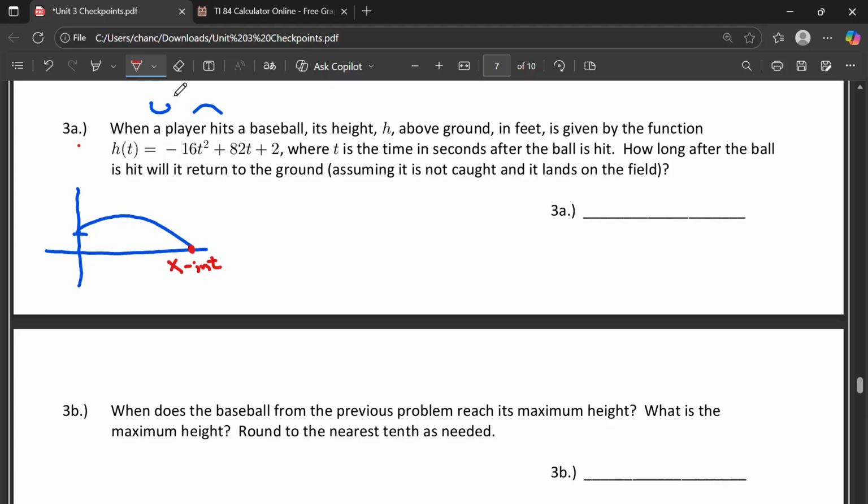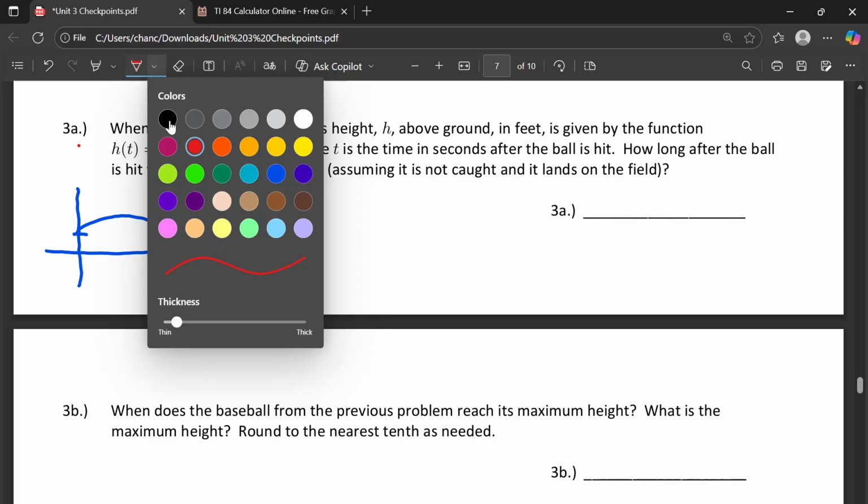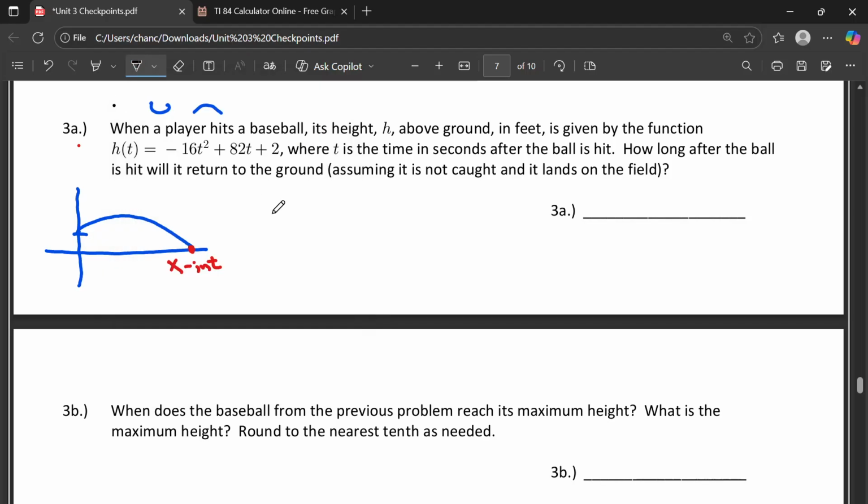So I need to know when the height of this function is equal to 0. And that's how you find an x-intercept anyways. You take the function that you're working with, negative 16t squared plus 82t plus 2 equals 0.